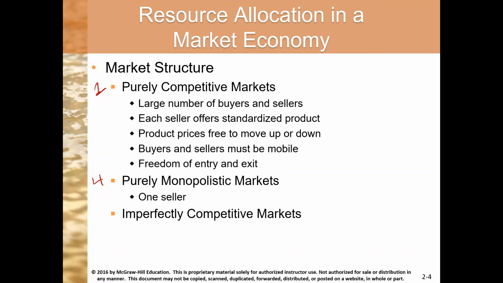Those two extremes don't exist in the real world. And I'll explain why in a minute. In between, we have number three, that is a monopolistically competitive market. And number four, we have oligopolies.